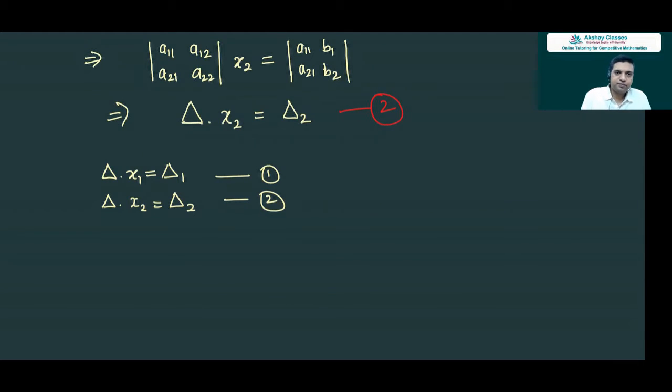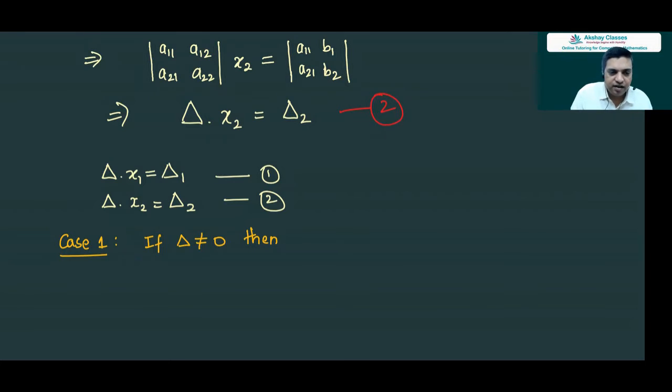Case 1. Pay very careful attention. If delta is not equal to 0, that means the determinant of the coefficients of the unknowns is not equal to 0.